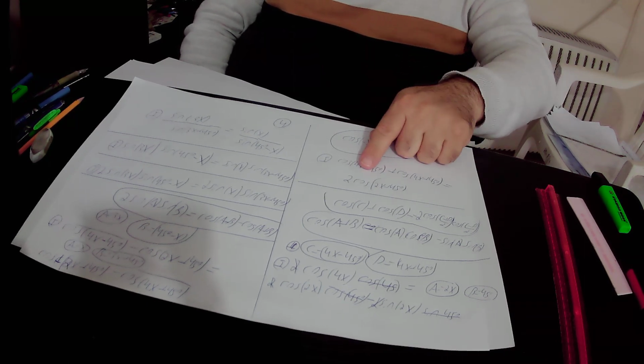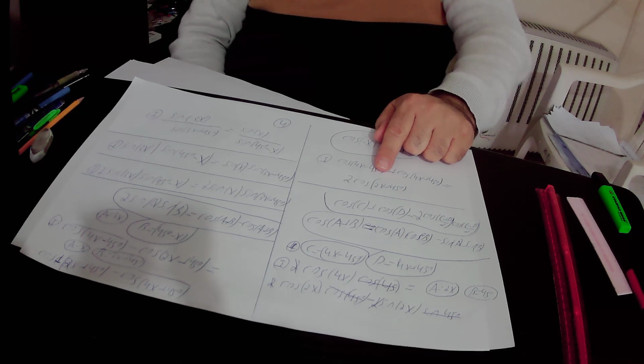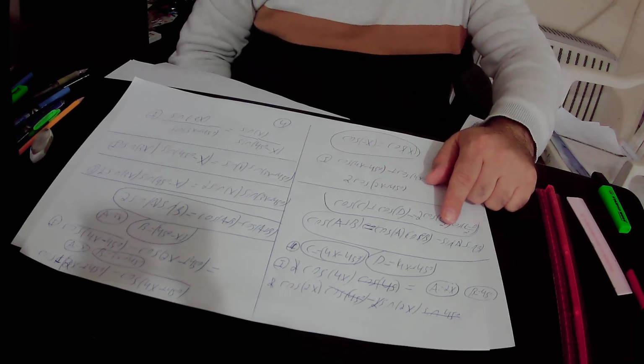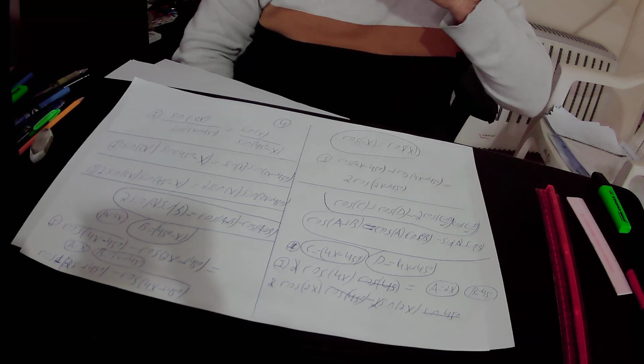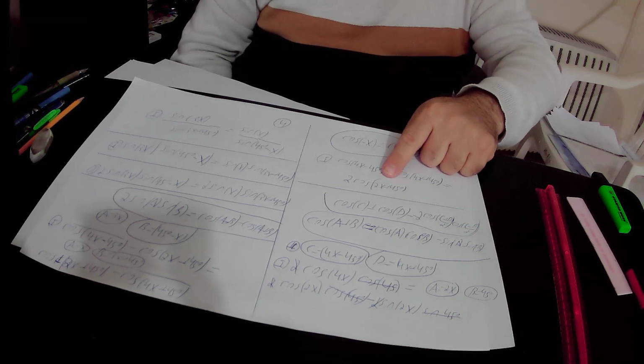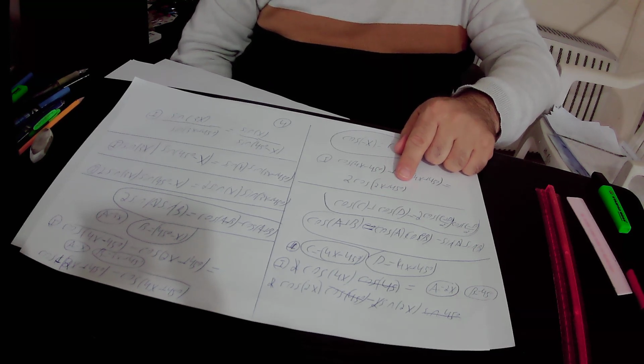Then we treated this side, 2 cosine 2x plus 45 degrees, according to the trigonometric identity that cosine (A plus B) equals cosine A cosine B minus sine A sine B. Here A equals 2x and B equals 45 degrees.